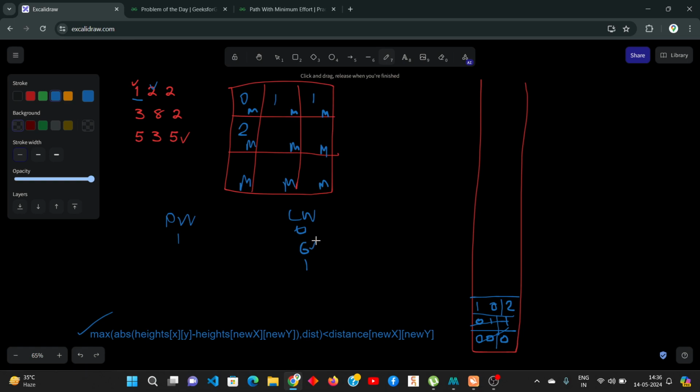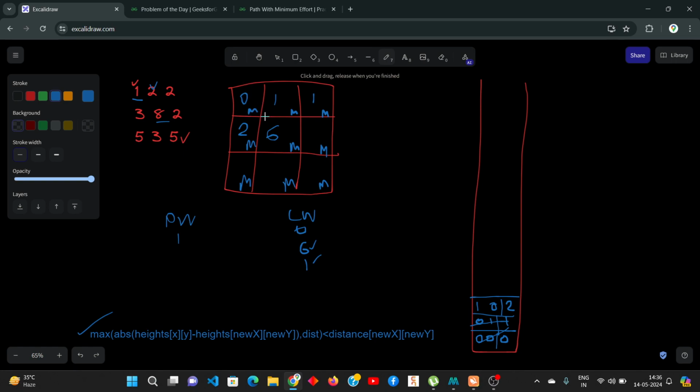And for this node, the weight is 6, and we can put 6 here because the maximum value of 1 and 6 is 6, and 6 is lesser than this value. So we can put 6 here, and we have to check this position also. So the weight is 1 and 1. So the maximum weight is 1. 1 is not lesser than 0, so we cannot update it.